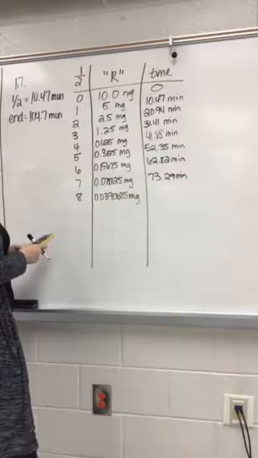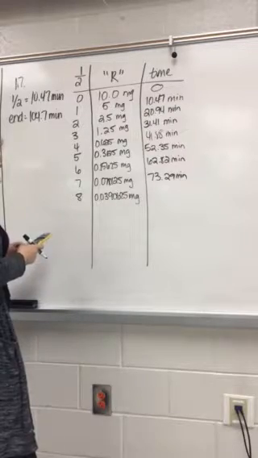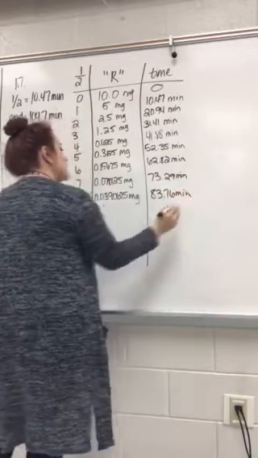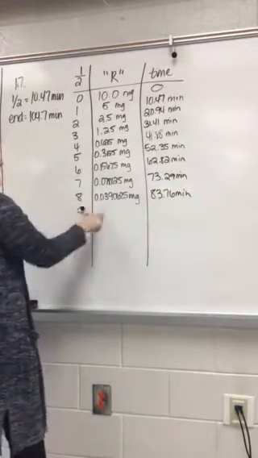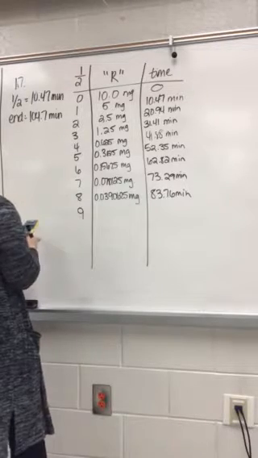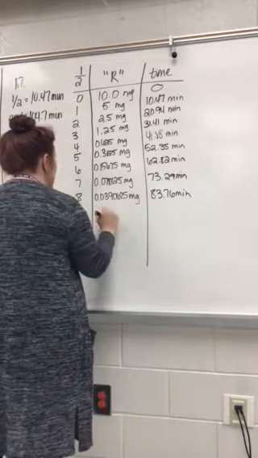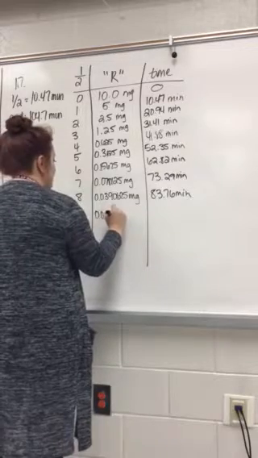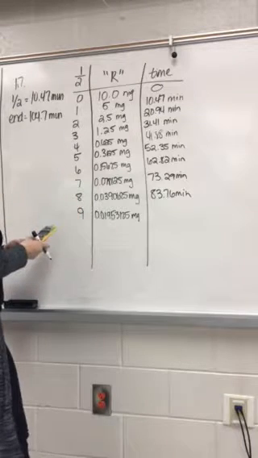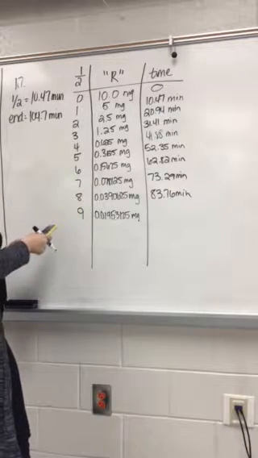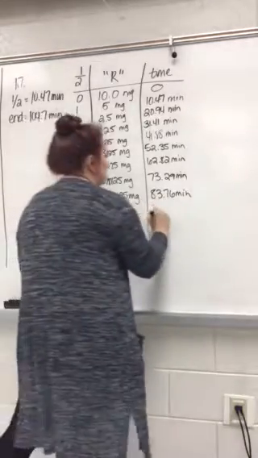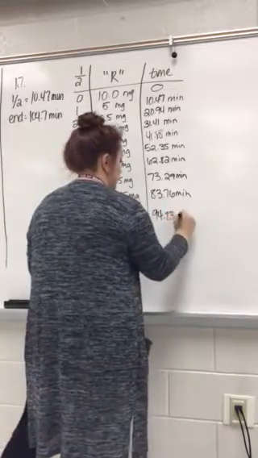So 73.29 plus 10.47 becomes 83.76. We're getting closer, guys. Number 9, keep on dividing. 0.039065 divided by 2 becomes 0.0195325 milligrams. We're adding time, so 83.76 plus 10.47 becomes 94.23 minutes.